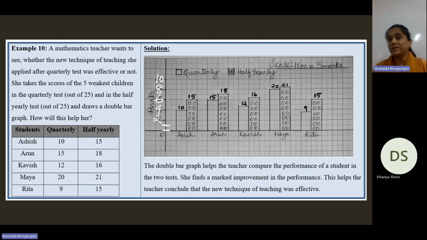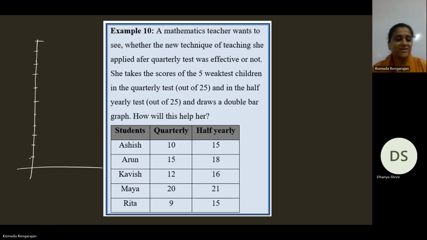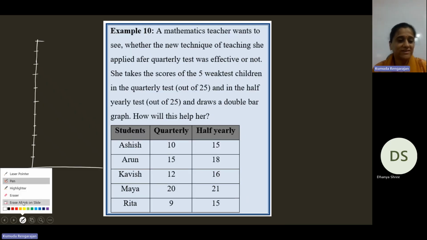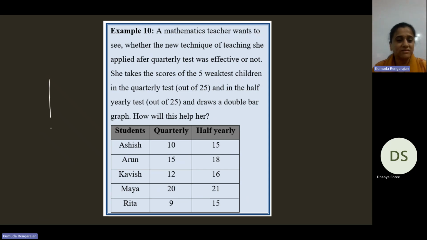It's not that you cannot read it. Now read that between. We can read. Okay, so now how to read? Not needed for you, but I'm just showing. 1, 2, 3, 4, 5, 6, 7, 8, 9, 10. So this is 0, this is 2.